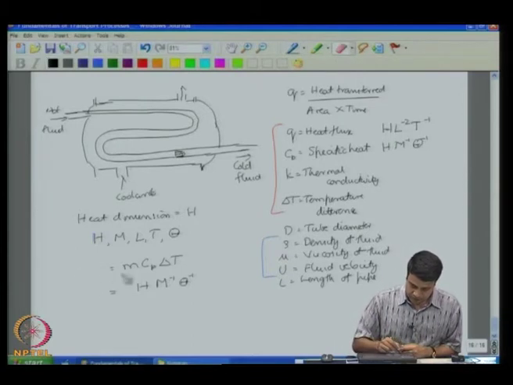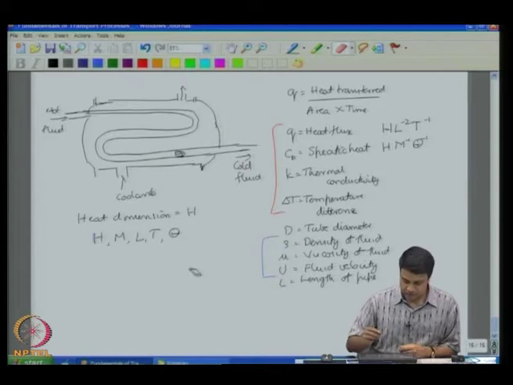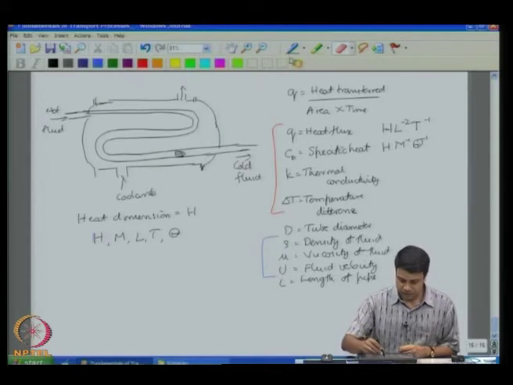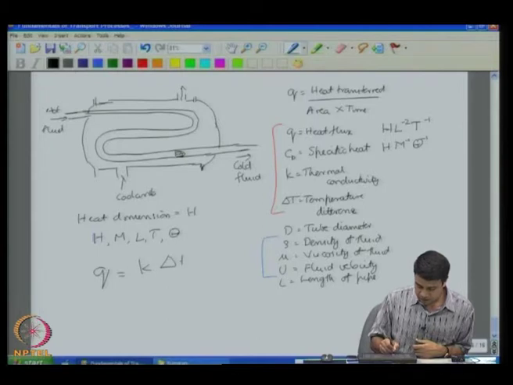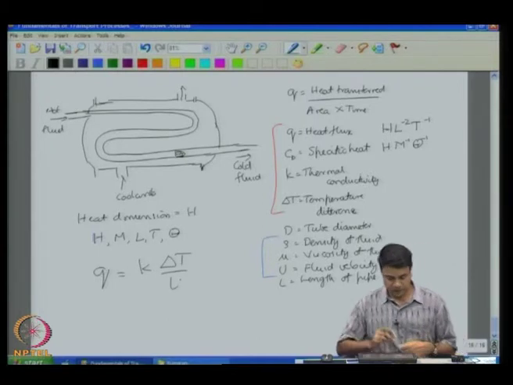Thermal conductivity. Thermal conductivity comes from Fourier's law for heat transfer. Q is equal to K delta T by L. Okay.